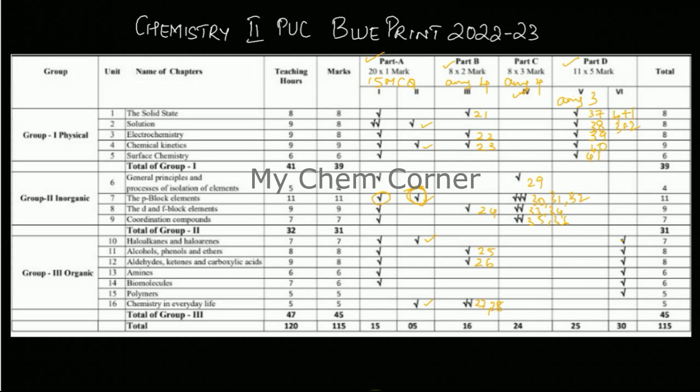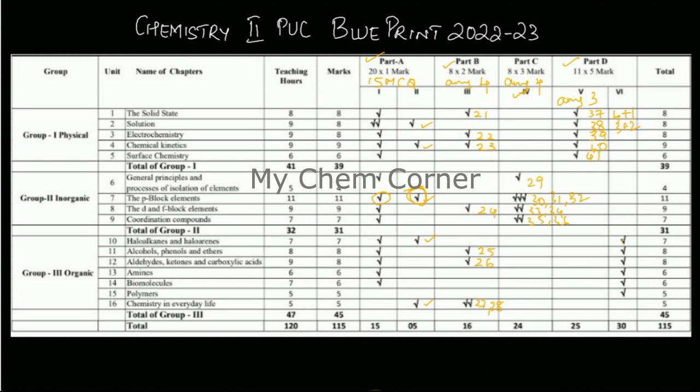So basically I would tell you to focus on differences, to focus on your classifications. Another thing that they can ask is differences between physisorption and chemisorption, characteristic features of physisorption, characteristic features of chemisorption. Along with that, for colloids, you have the table with examples.